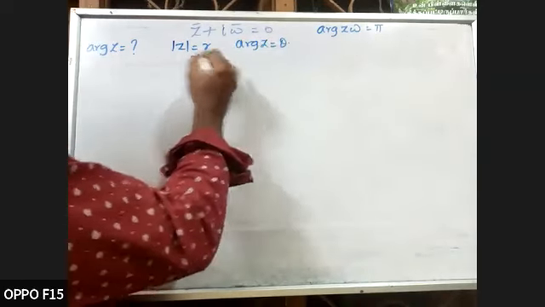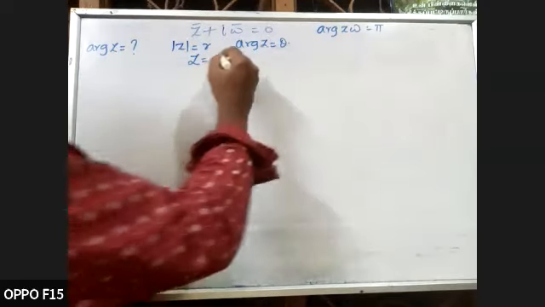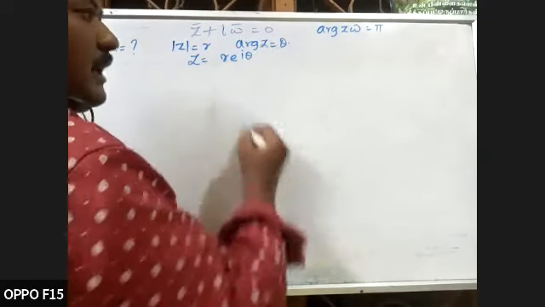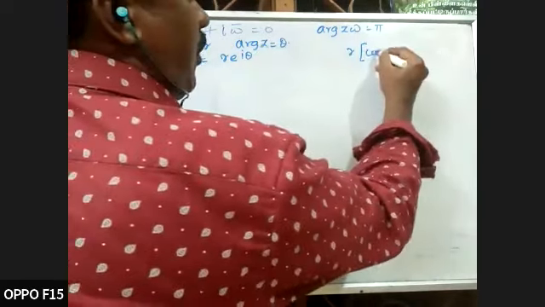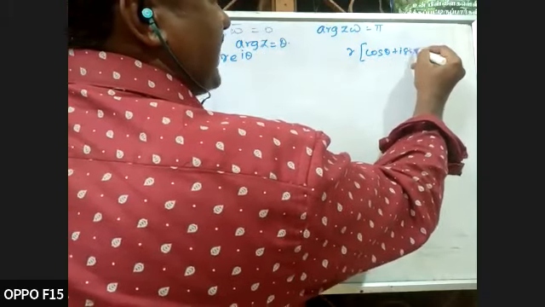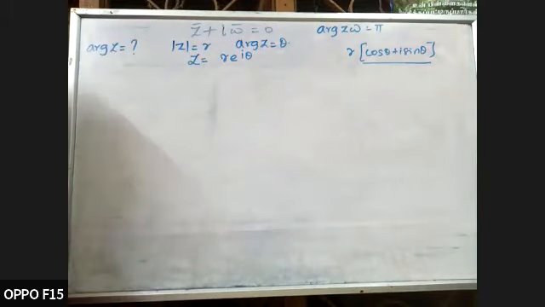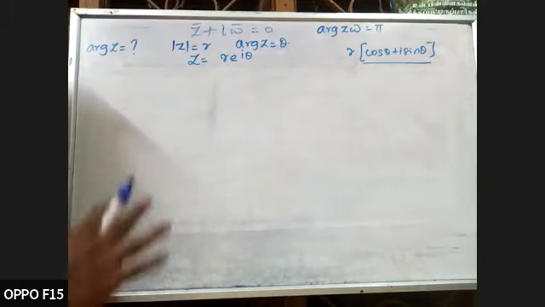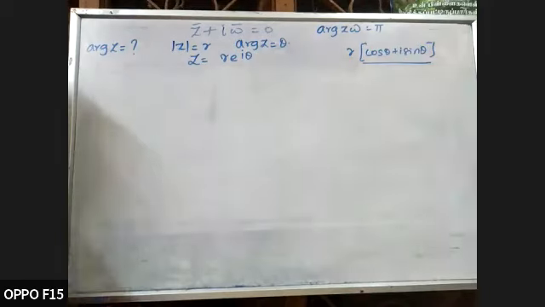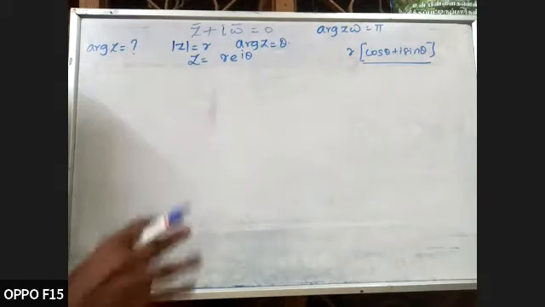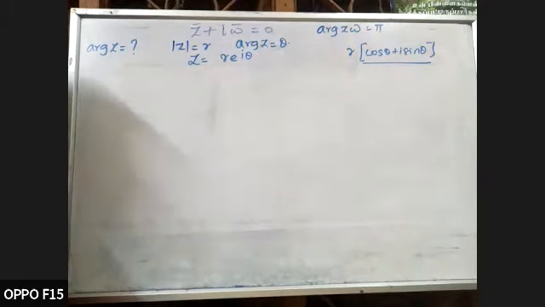Then you can write the complex number Z as R e power i theta, because this can be written as R into cos theta plus i sin theta. This is the general form of a complex number. Z is equal to R e power i theta.